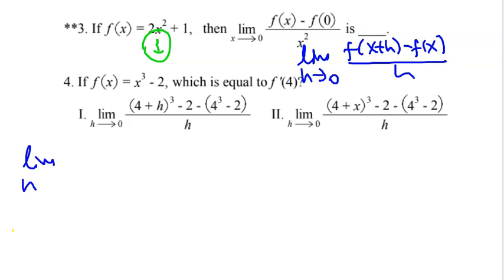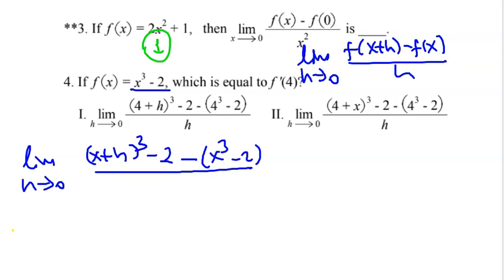The limit as h approaches 0, into this function, we get x plus h cubed minus 2, minus the f of x function, which is x cubed minus 2, over h. Let's simplify this a little bit.